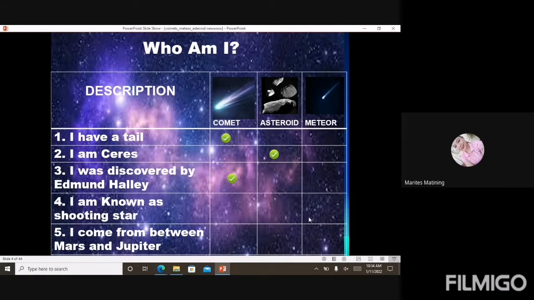I am known as a shooting star. Denise? Ma'am, meteor. Very good. When we see a shooting star, or what we also call a wishing star at night, we make a wish, right? Those are our superstitions.